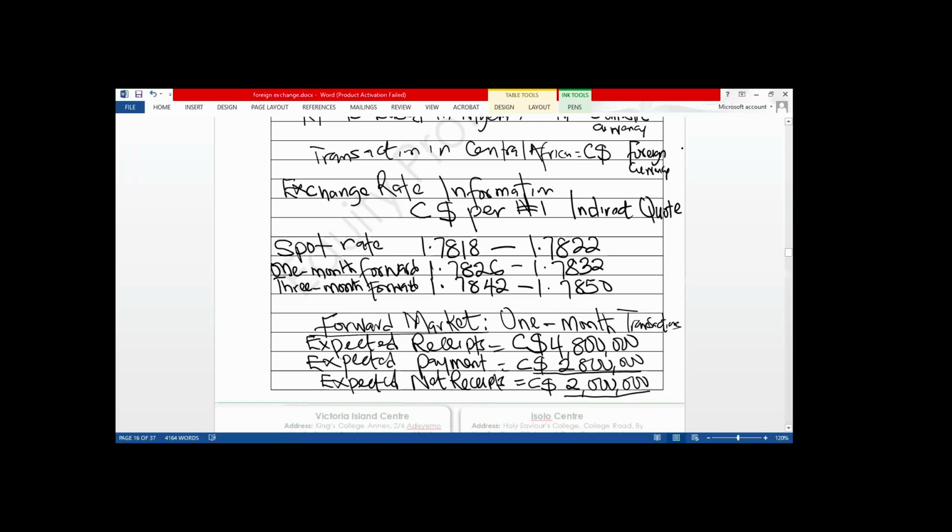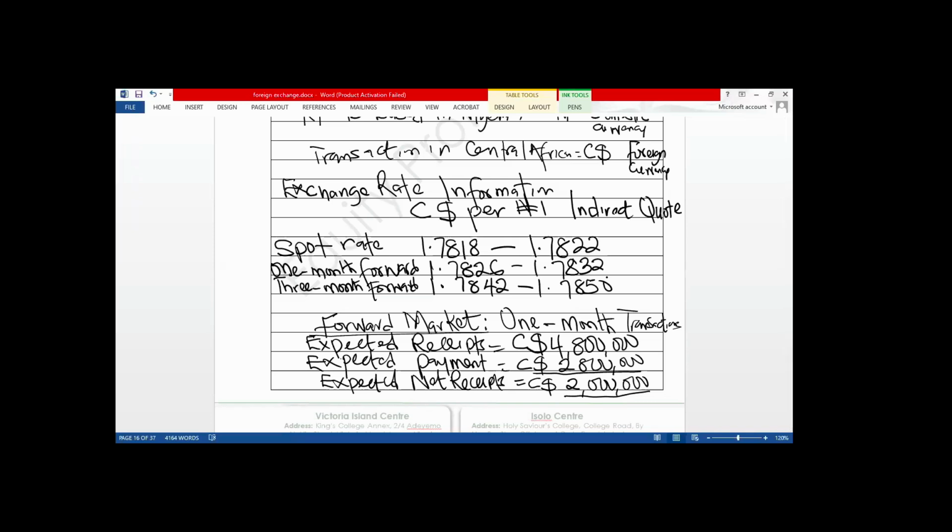Now look at it. We have gotten the net amount. Definitely you cannot use spot rates. You are going to use 1 month forward rates for this transaction. The rate is between 1.7826 or 1.7832. One is low, one is high.